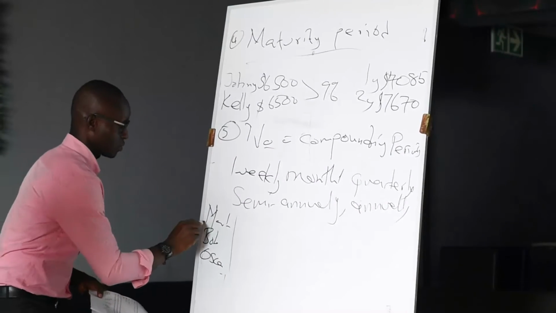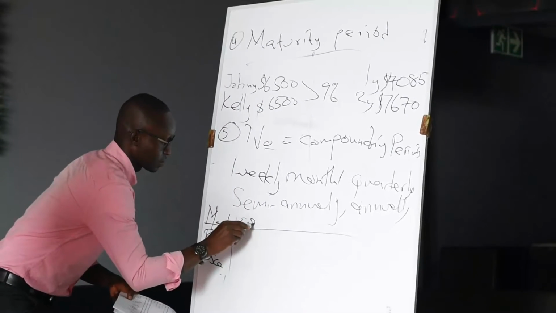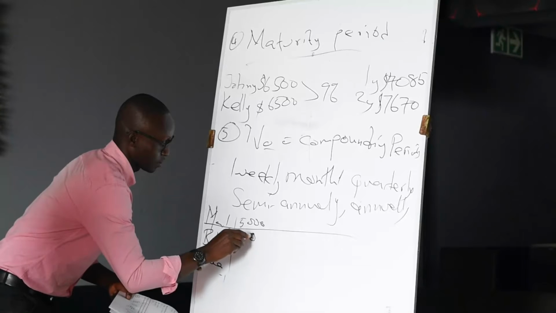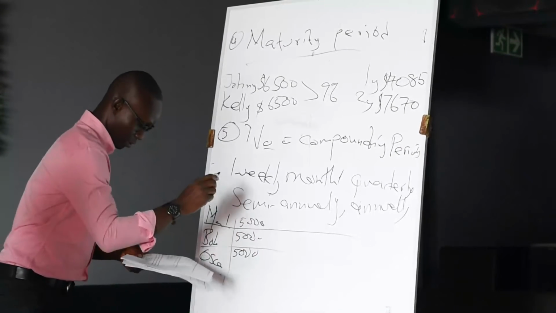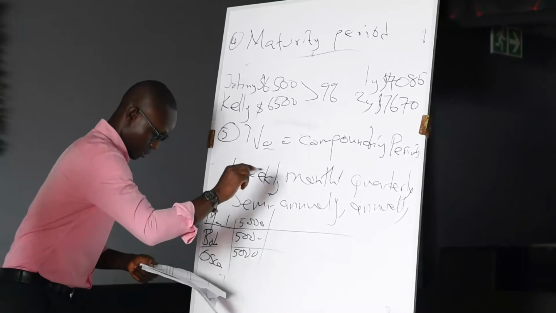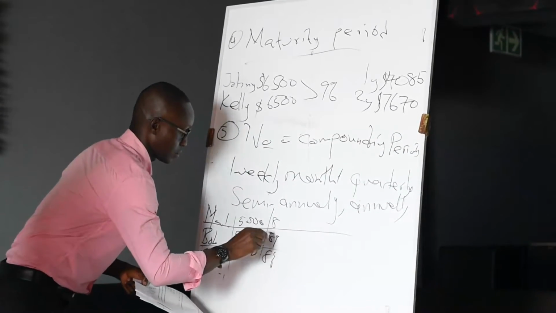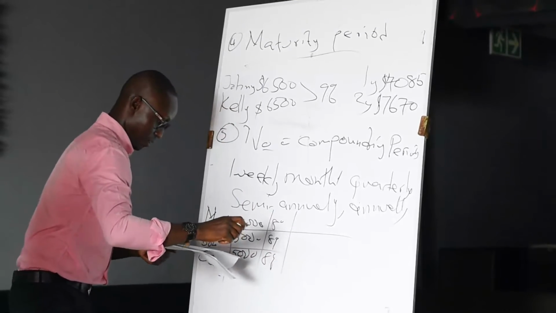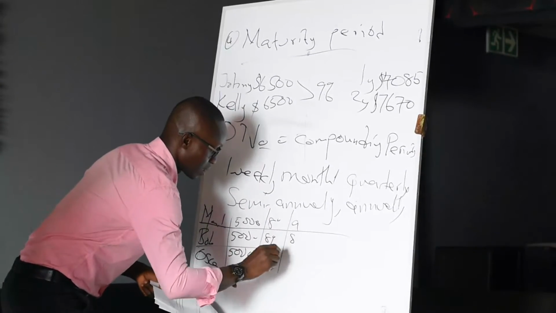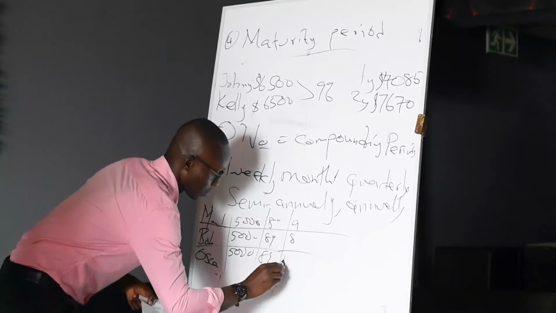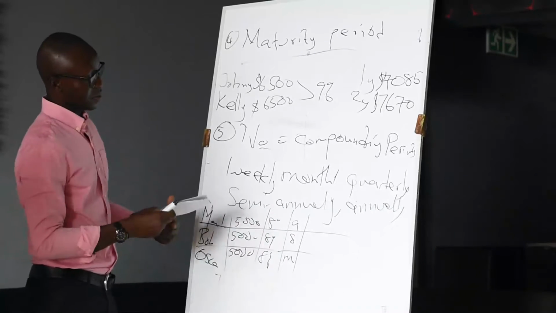Okay, and then let's do this. 5,000, 5,000, 5,000. And then the interest rate is 8, 8, 8, all in percentage. And then we are having annual, and then semi-annual, and then monthly. This is the compounding period.